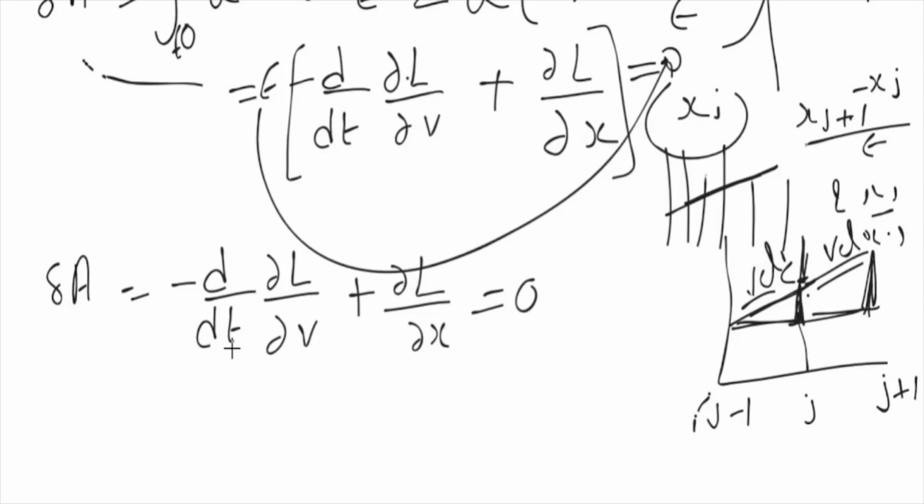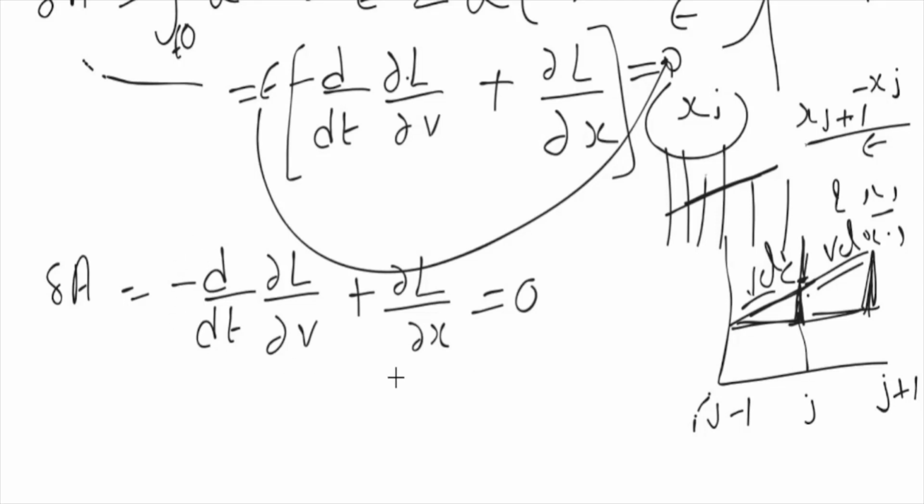What does it mean? It means if anyone gives you the Lagrangian, you simply get the answer. It is just like a machine: give the value of the Lagrangian and this equation will give you the answer.